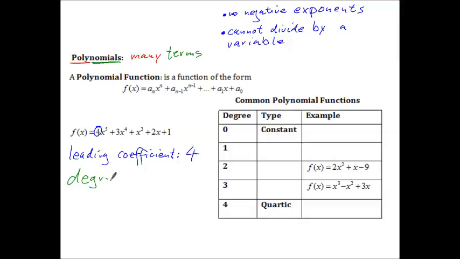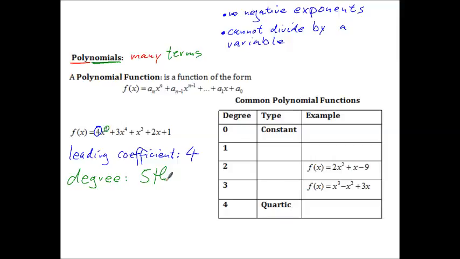The degree is the highest exponent that you can find in that polynomial function. Looking at our term on the left again, we see the exponent of 5, and that means this is the fifth degree. This polynomial function has a degree of 5.